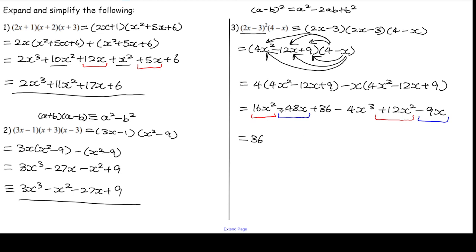To get the x term, we're going to do minus 48x minus 9x, which is minus 57x. Then we're going to do 16x squared plus 12x squared, so plus 28x squared. Then we end off with the 4x cubed at the end. So we have 36 minus 57x plus 28x squared minus 4x cubed.